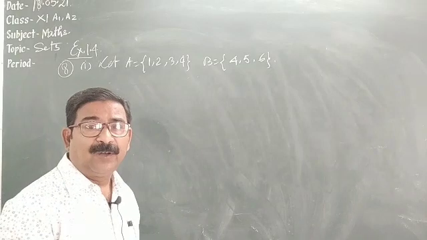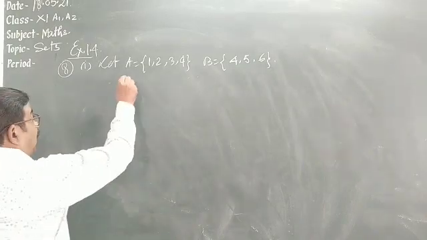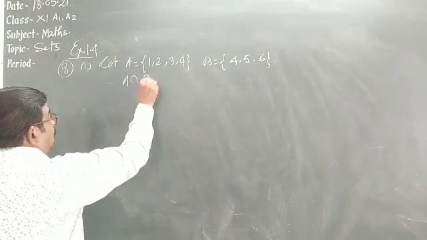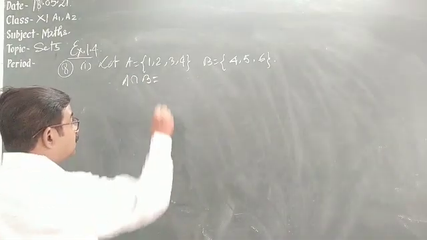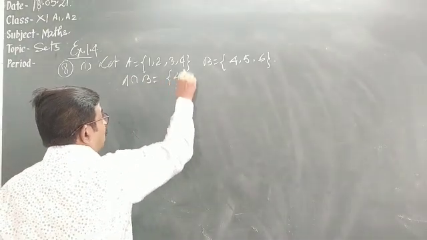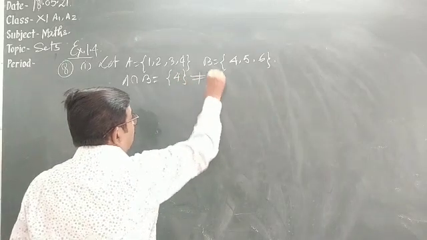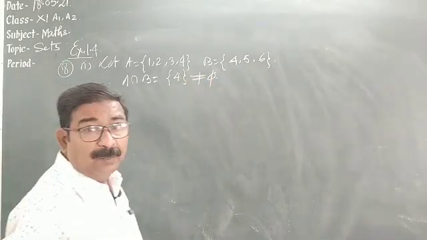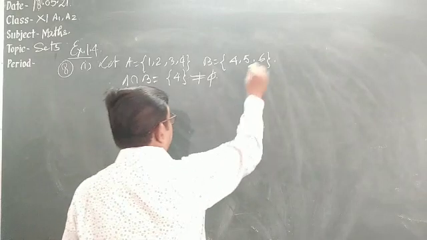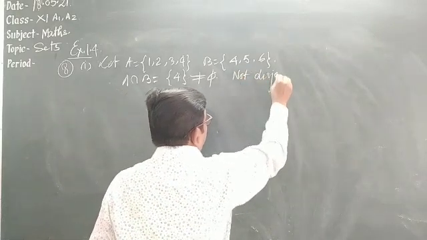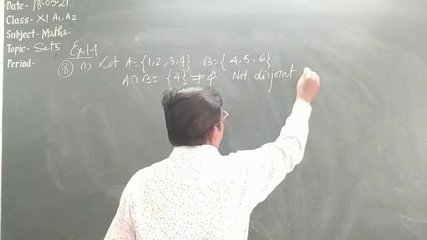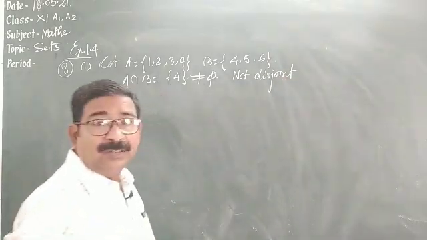Simply we find A intersection B, and we see clearly 4 is common in the two sets. So 4 is common, which is not phi, not the empty set. So they are not disjoint. Is it okay?